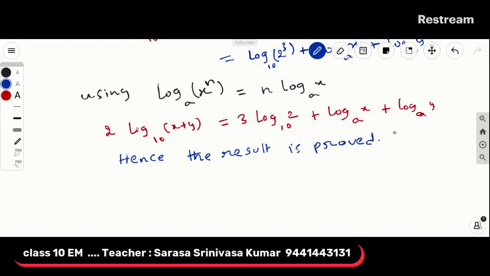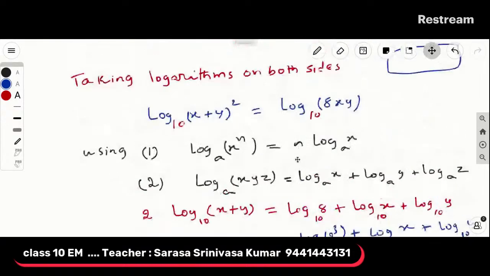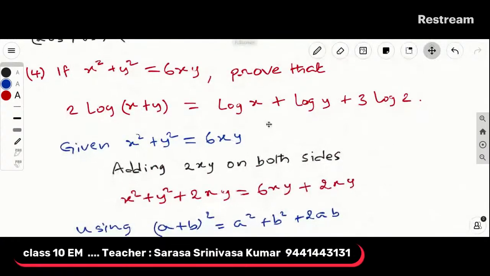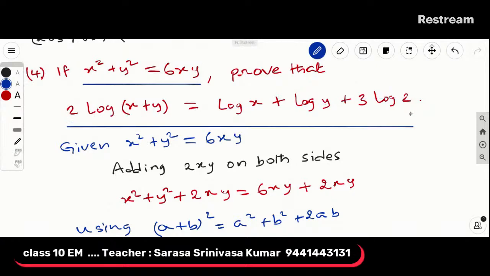Now, let us discuss this problem. If x square plus y square equal to 6xy, if this condition is satisfied, we have to prove the result.